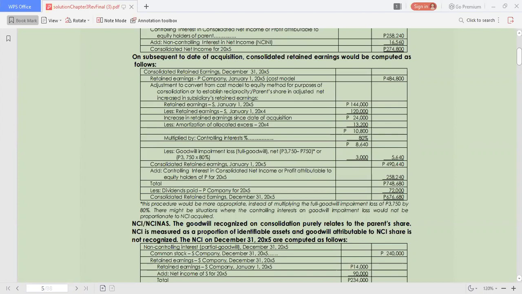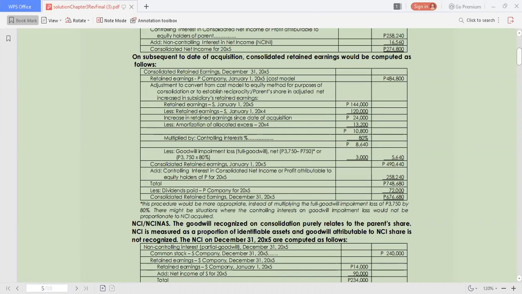Then retained earnings in January 1, 20x4, 120,000. There's a difference of 24,000 representing increase. Then the amortization of allocated excess of 13,200. We have a difference of 10,800 multiplied by the controlling interest of 80%.